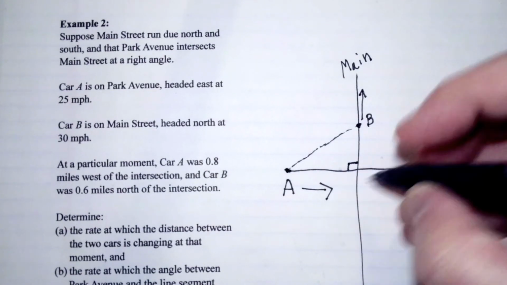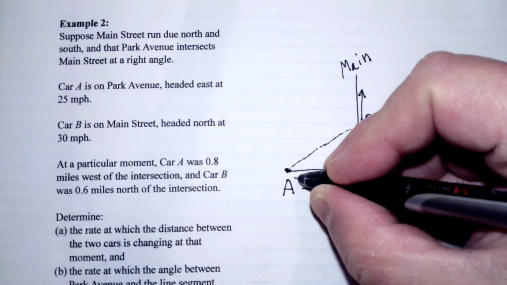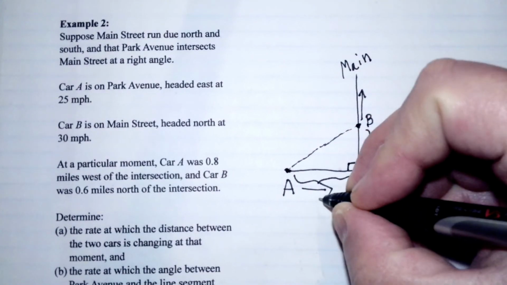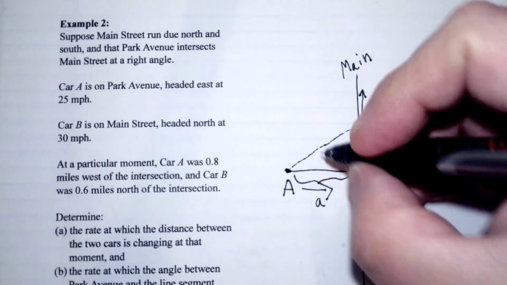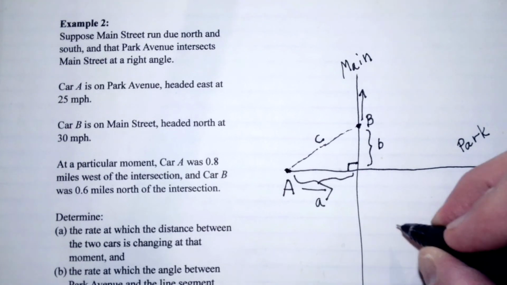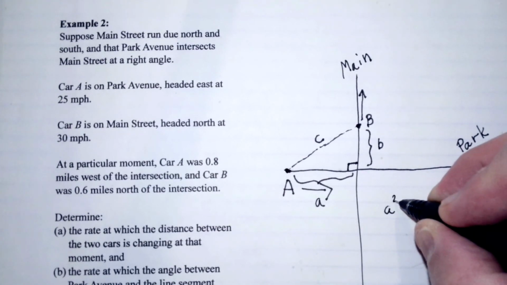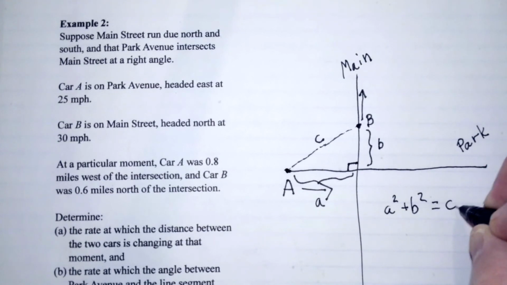So how about we call this distance B and this distance A. Then we can call that distance C. Alright, so the Pythagorean theorem says that A squared plus B squared equals C squared.